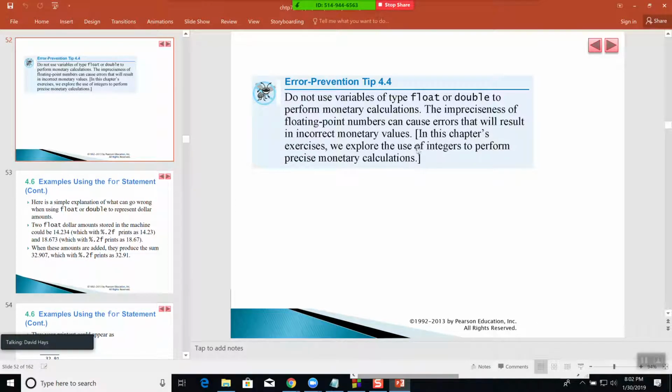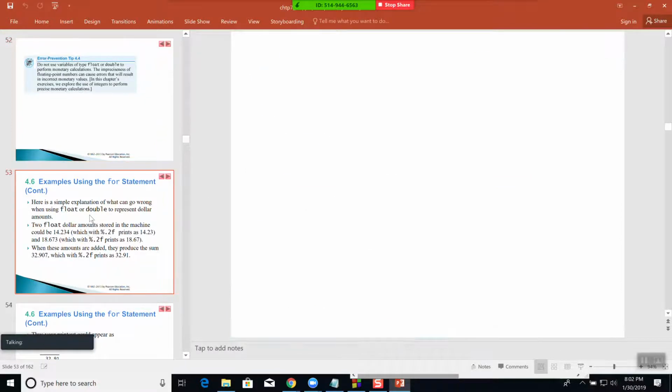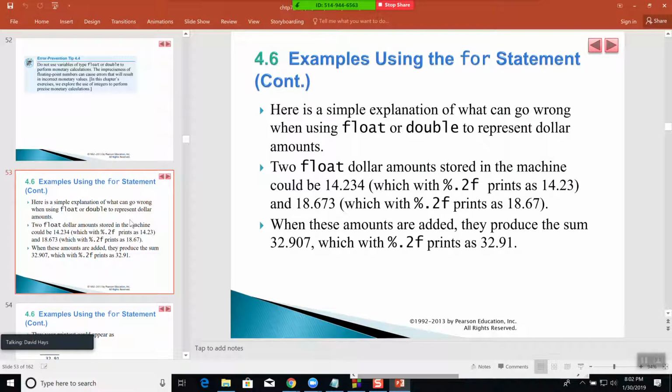I've never had a book tell me I shouldn't use float or double to perform monetary calculations, unless I mean a higher precision variable type. But maybe they'll cover that. Two floats added produce a sum, which is, they're all messed up if that's the real reasoning.